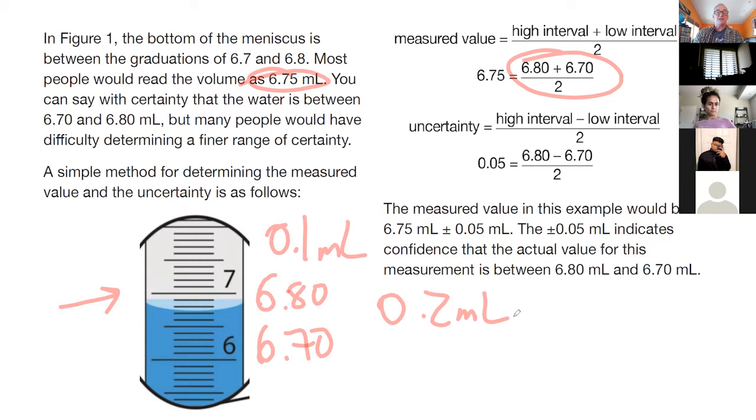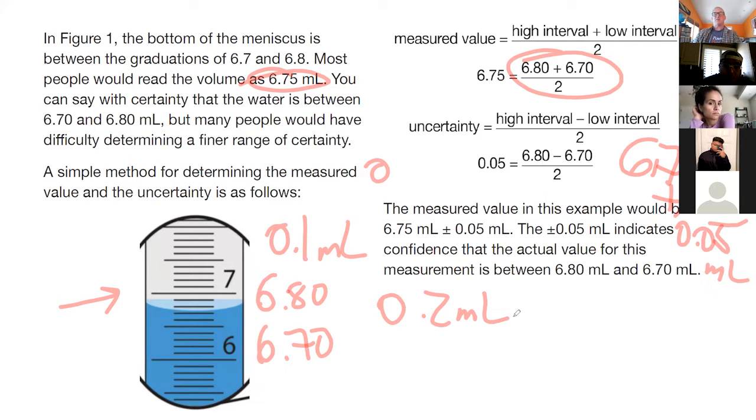And so we could say that the uncertainty in our measurement of 6.75 is plus or minus 0.05 mils. And that makes some sense, right? Because like we said, there's going to be people who say it's going to be 7.3, 7.2. Some other people are going to say 7.6, 7.7. And all that uncertainty is around 0.05 mils. So we can say that the uncertainty in that number is plus or minus 0.05.